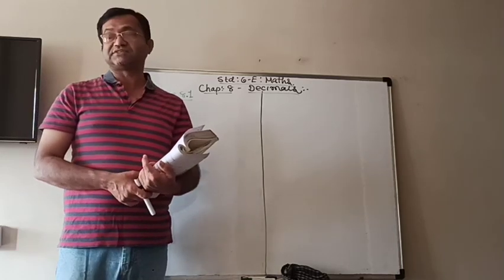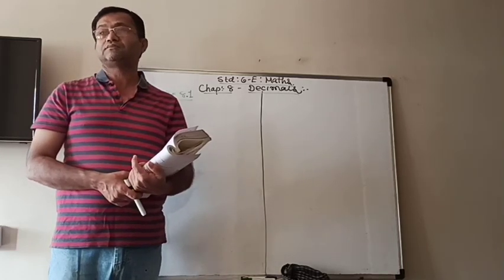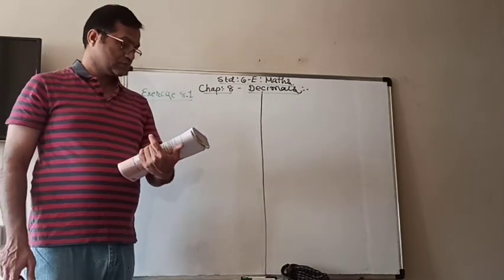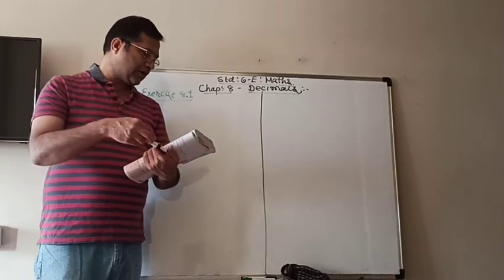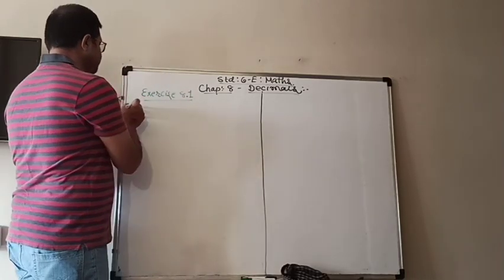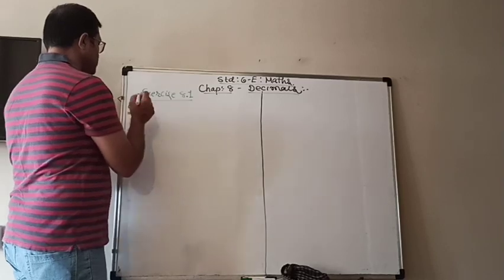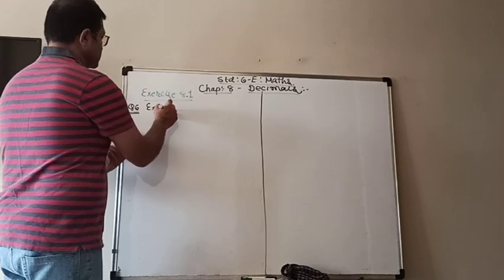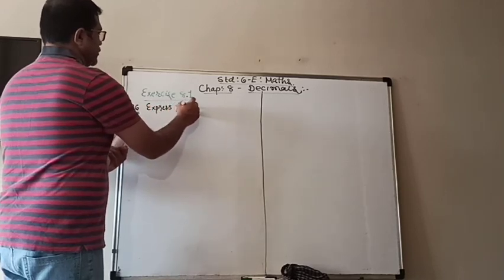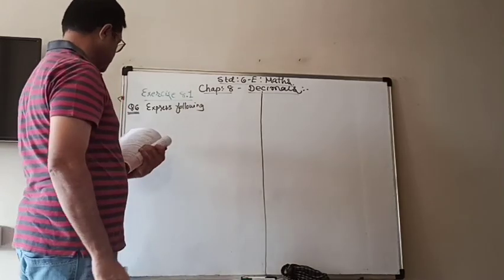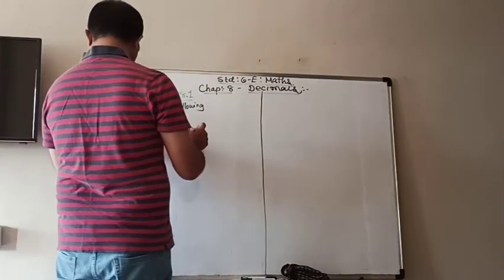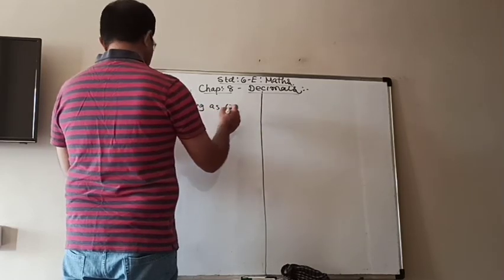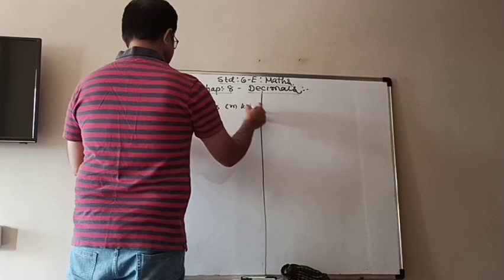Chapter number 8, Decimals, in which we are busy with exercise 8.1. We finished questions 1 to 5, now question number 6, in which we have to express the following as centimeter using decimals.